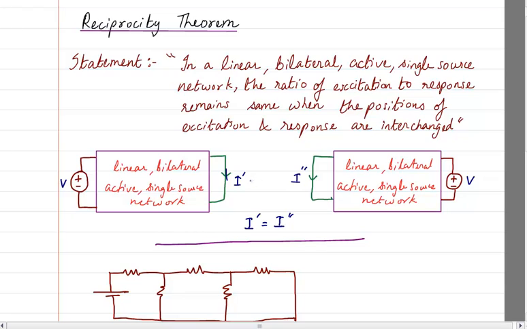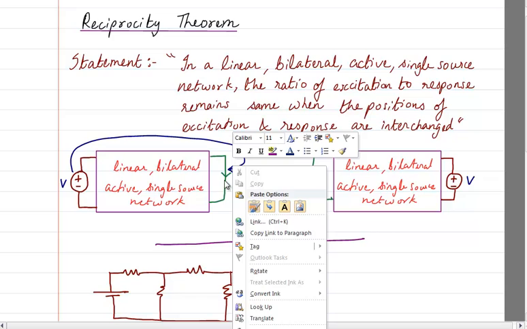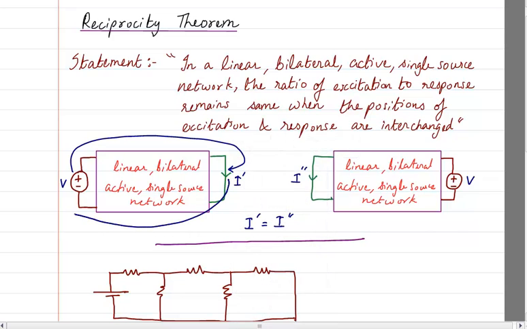Then what the reciprocity theorem says is that if you are going to interchange the position of the voltage with the position of the current. Here we are not saying current because voltage is called the excitation. What is the meaning of excitation?